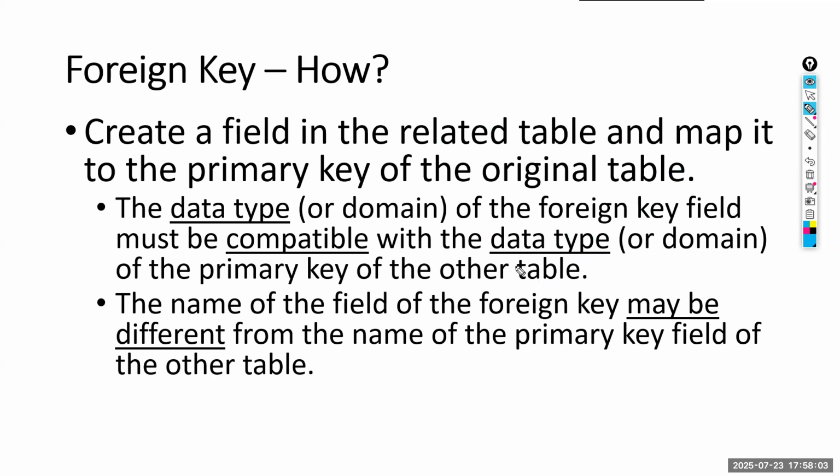So the rule is to use a compatible data type. The best practice is to use the same name as much as possible as well. I use both. But in the exams, if they ask, is it a must? You can say, no, it's not a must. Just like saying, no, it is not a must to walk on the right side. You can even walk on the left side. Okay.